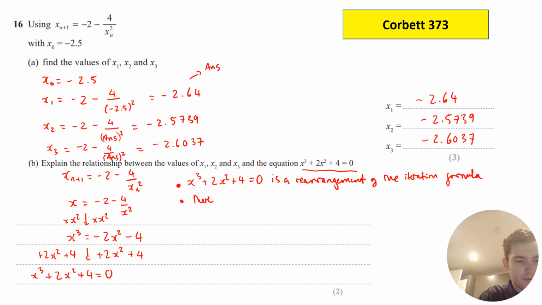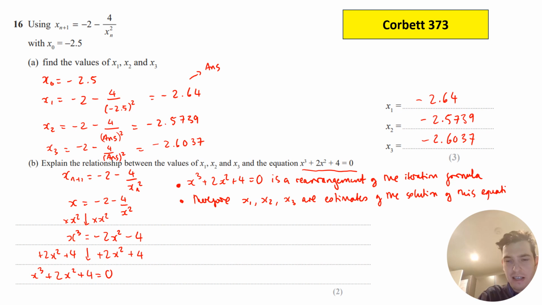Therefore, x1, x2, and x3 are estimates of the solution of this equation. And that's what you would need to write down to get those 2 marks. So don't worry too much about this. We will cover this in class, but this is what you would need to say for this question here. Let's move on to the next one.